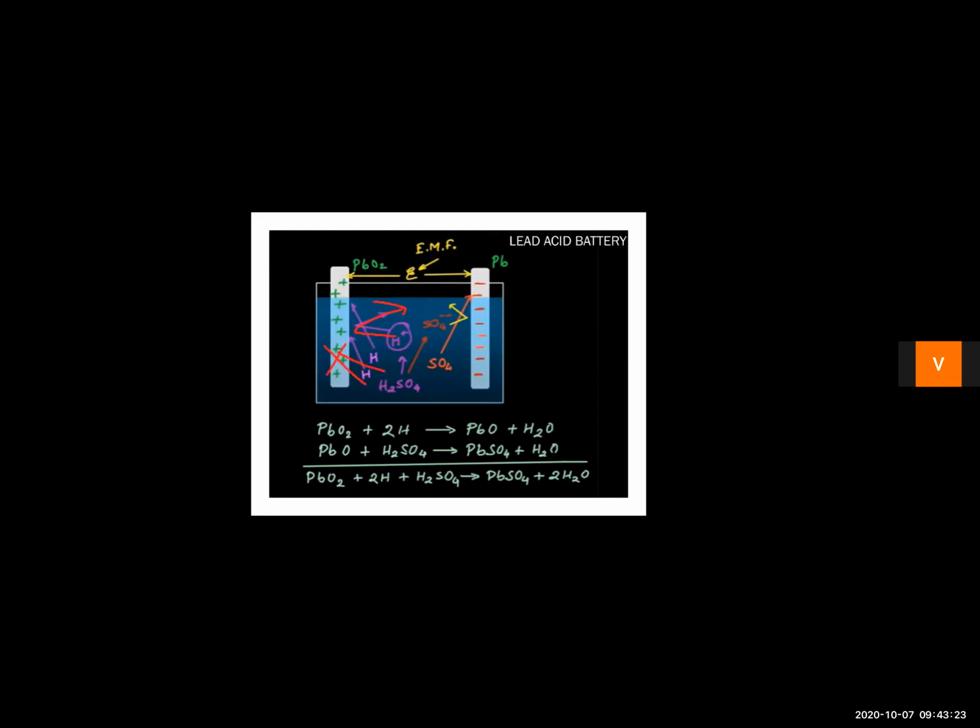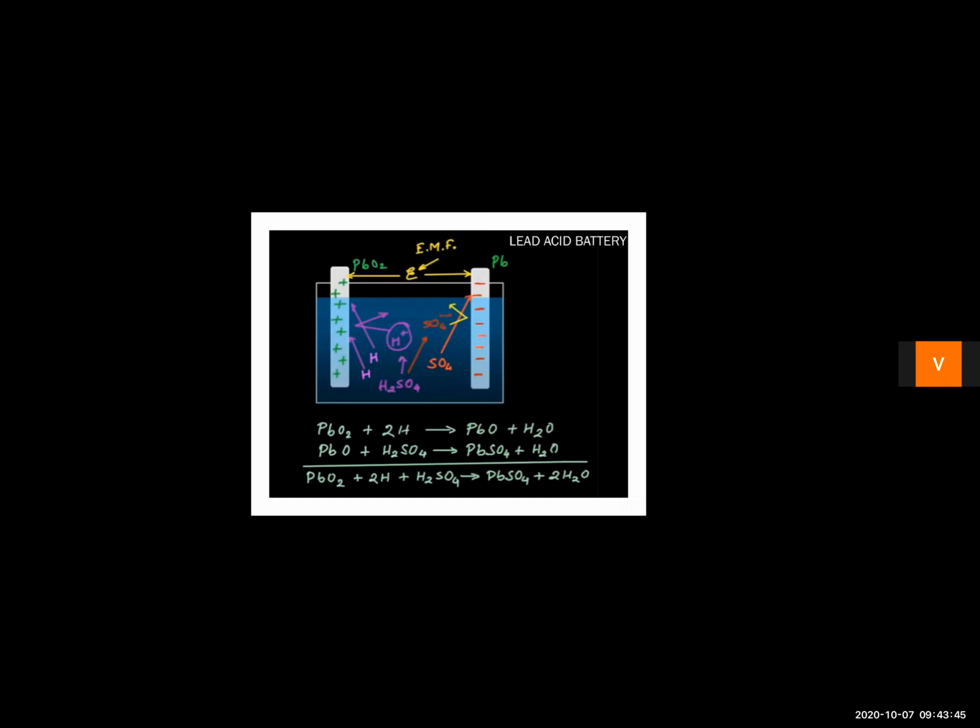Similarly, the SO4 ions also experience an electrostatic repulsive force, and so they are also not able to move towards the PbO2 plate, right? So this is the maximum value of EMF.